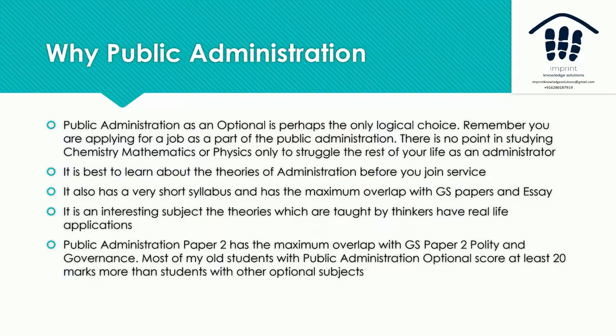You will clear the services, but you'll have difficulties in being an administrator. So I normally suggest that it is best if you study public administration. As I've said, there's no point in studying chemistry, mathematics, physics, anthropology, political science, only to struggle the rest of your life as an administrator. Though I'm not saying that after you join services you can't learn about administration. I would definitely say that if you have studied public administration as an optional, it would really help you out.